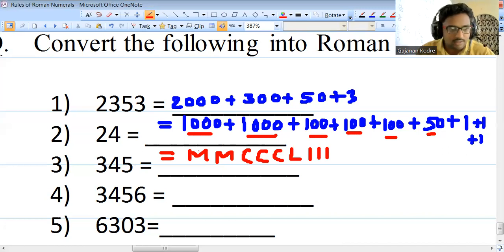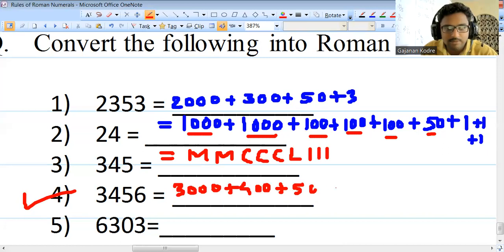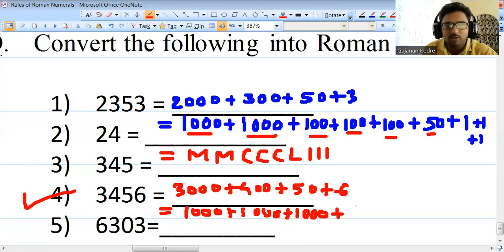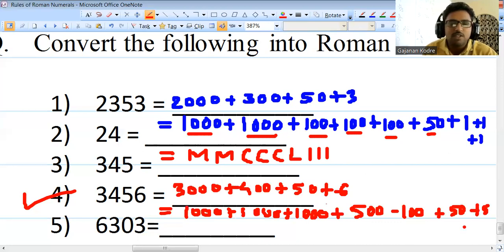But for competitive exams we don't have that much time. For example, if I talk about question number 4, 3456, when will we write 3000, when 400, when 50, when 6, then when will we think 3000 means 1000 plus 1000 plus 1000. We don't have this much time to write. And 400 means 500 minus 100, because we will not write 100 four times. Then 50, we know the L symbol, 6 is 5 plus 1. So this much time we don't have, but I have a trick for this.